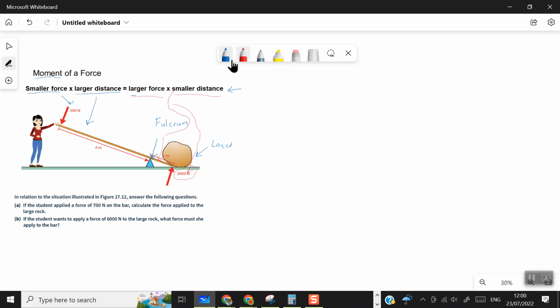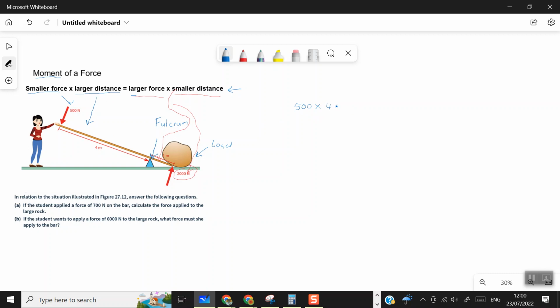So let's have a look at how it works. We take the smaller force, which is 500 newtons, multiplied by the larger distance, which here is in meters, 4 meters. And make sure that everything's in the same units when you're doing these calculations.